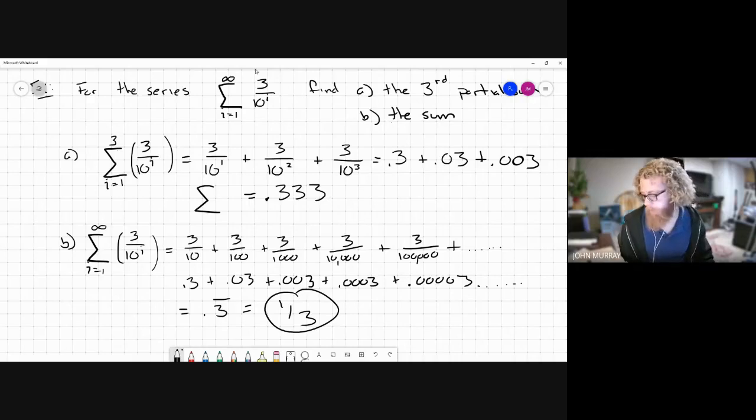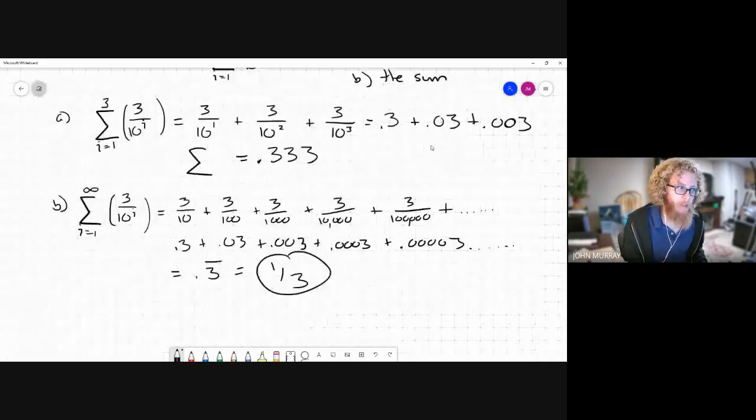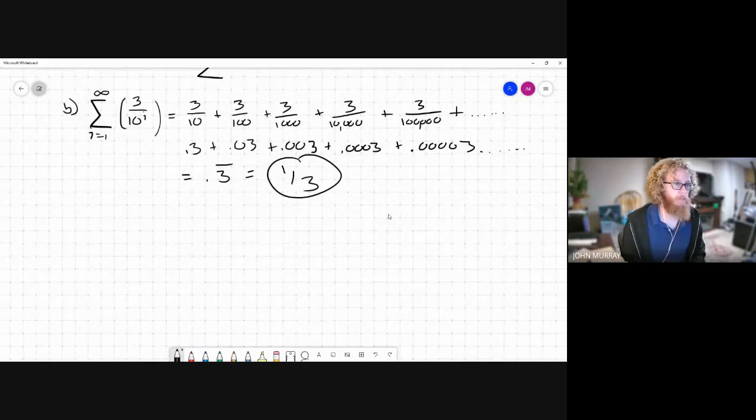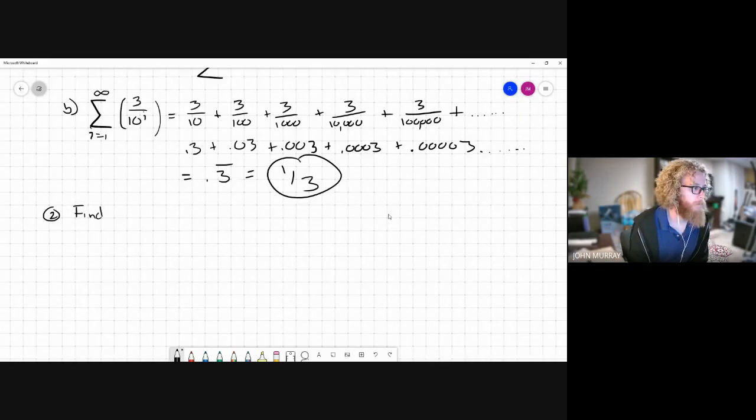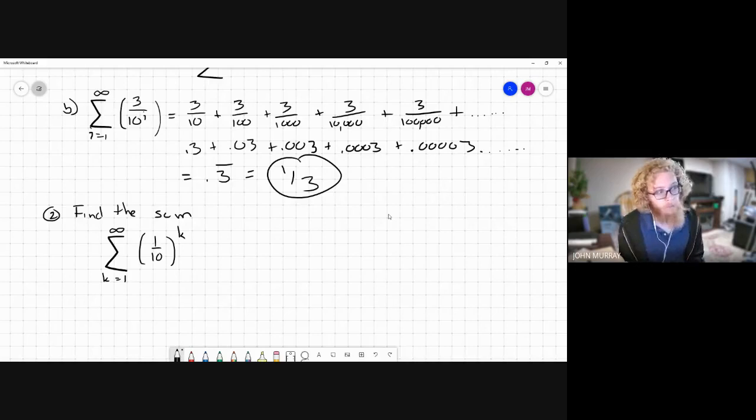All right, let's look at two more. So we're going to do the sum from k equals 1 to infinity of 1/10 to the k power.